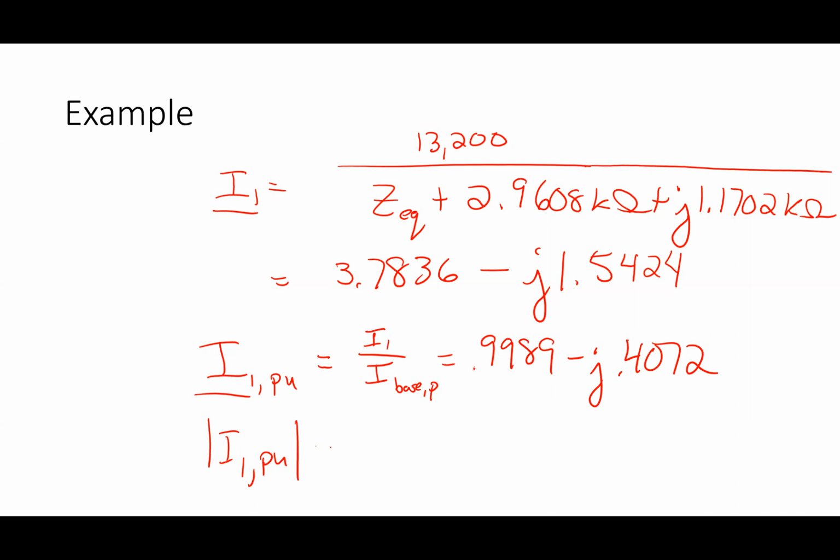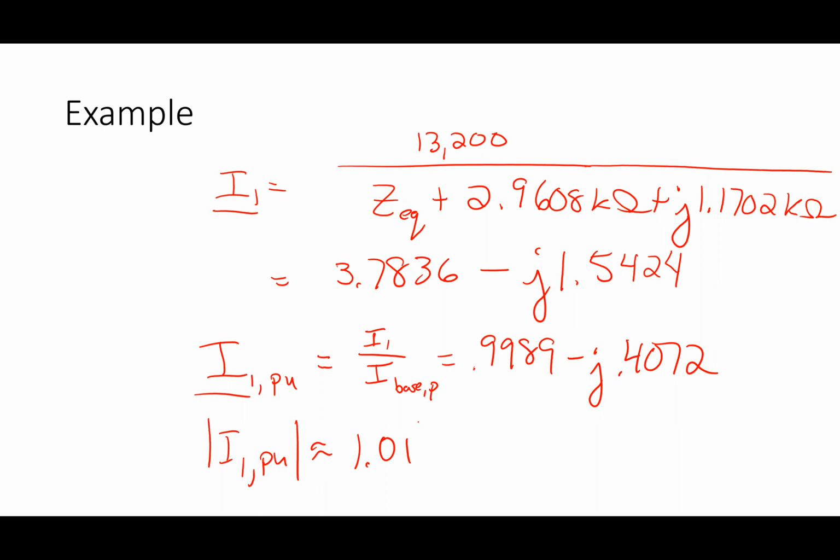If I took this carefully, it's actually a little bit more than the rated current, right? I shouldn't put a number in, but I think it's about 1.01 or something like that. That means it's drawing 101% of rated current.